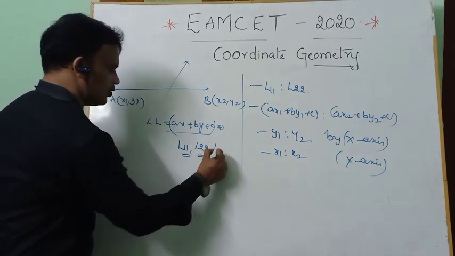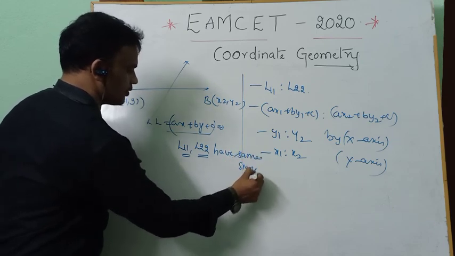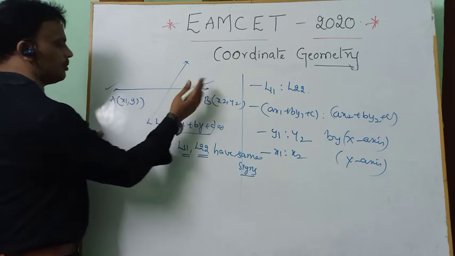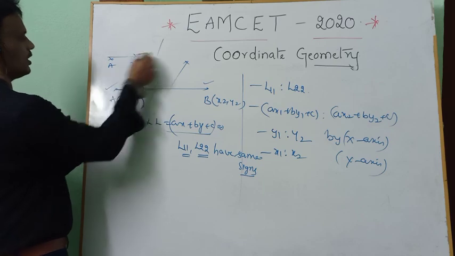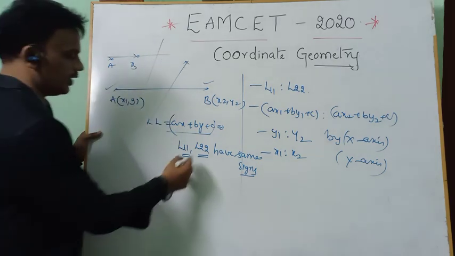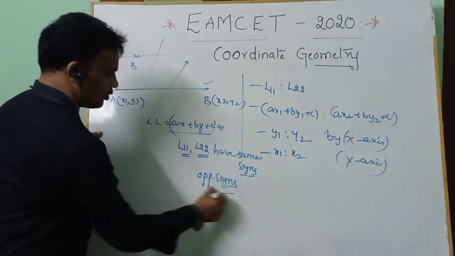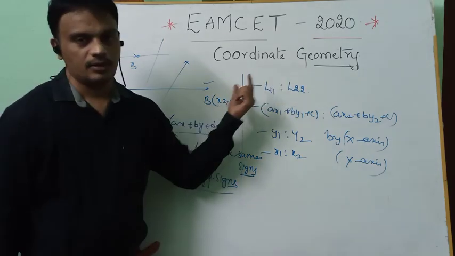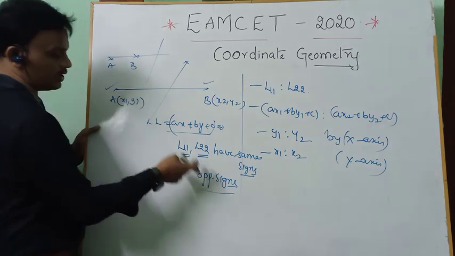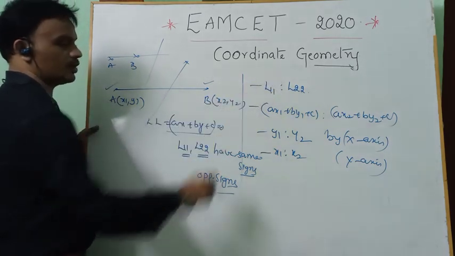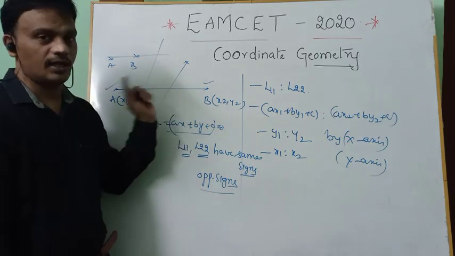If L11 and L22 have the same signs, then the 2 points A and B are present on the same side of the line L. If L11 and L22 have opposite signs, one is negative, one is positive. That means the ratio, the two terms become positive, which is called internal division.